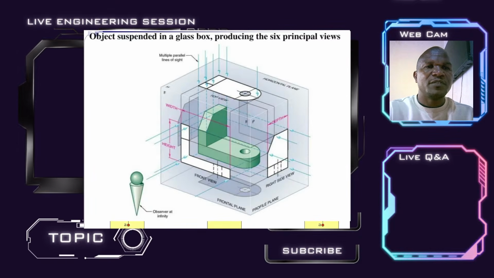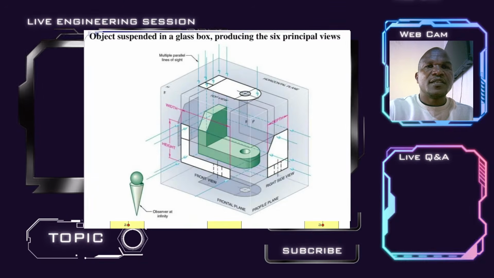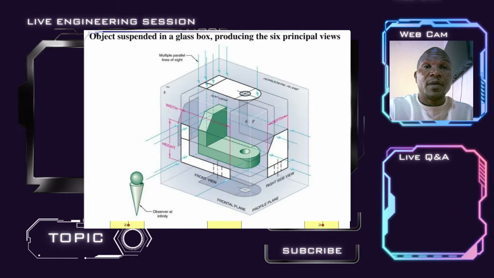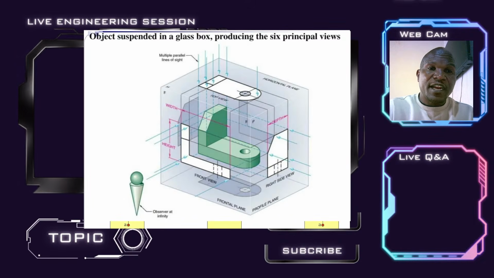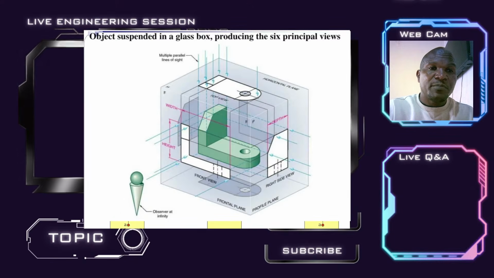In this case, it has been suspended within a glass box, and you're able to see all the 6 principal views, or profiles: the plan, the bottom, the side, the rear, the front, and also the other profile plane. Those are the principal views.